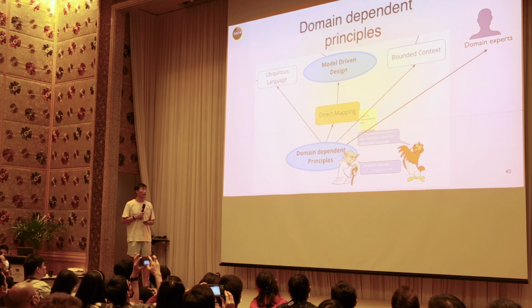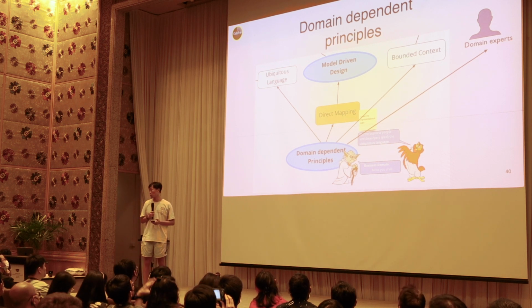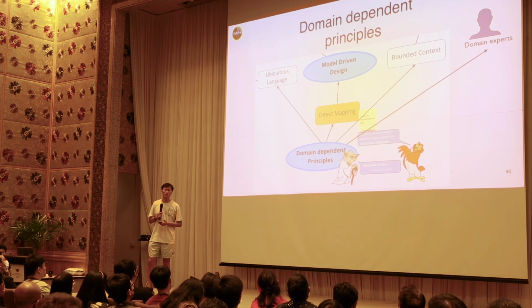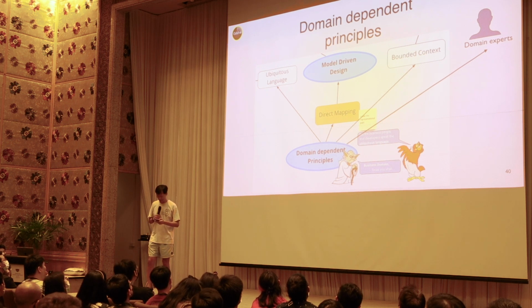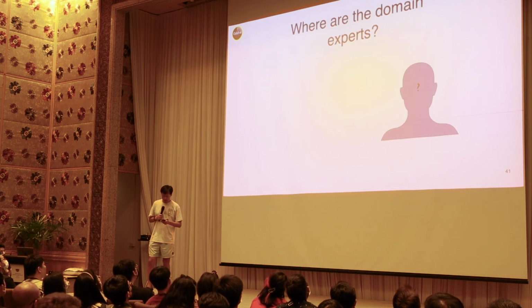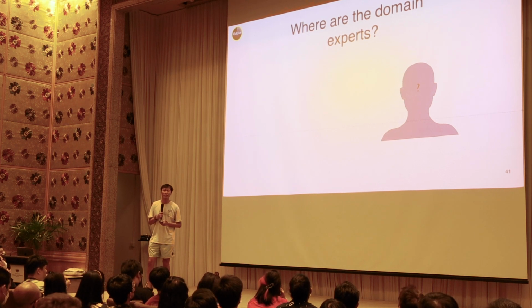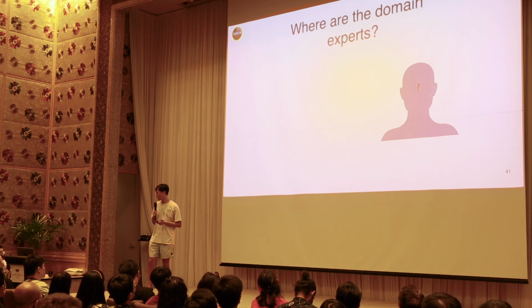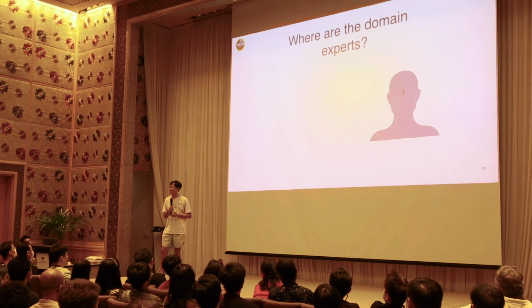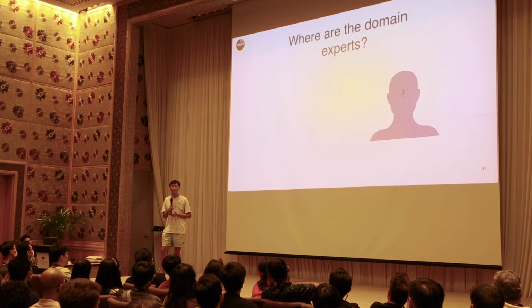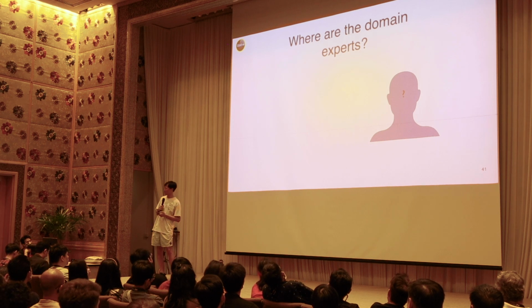So domain experts and the development team need to work together. This is unfortunately quite often missing. When I'm practicing DDD related stuff, one of my puzzles is, where are the domain experts?